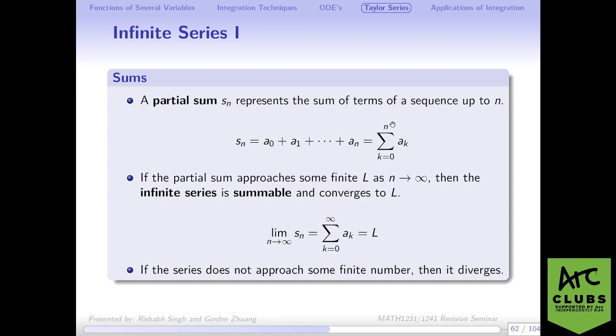And if we take this n to infinity, then this is what we often call an infinite series or a series. And this infinite series is summable if it converges to some value L. So that means it becomes this fixed real number L. And if the series does not approach some finite number, then it diverges.